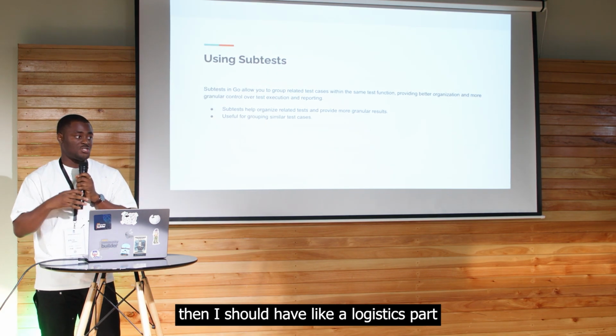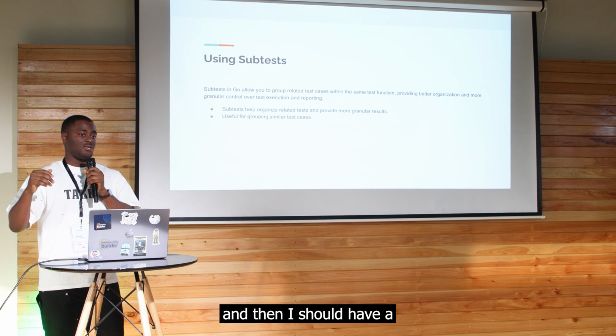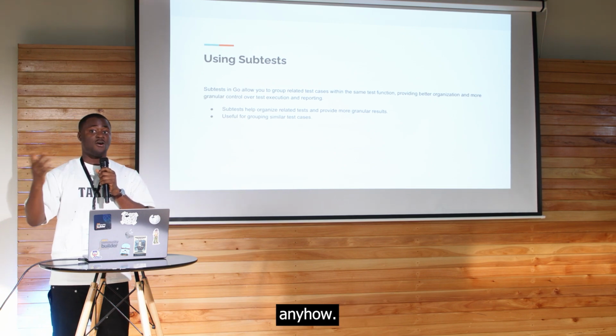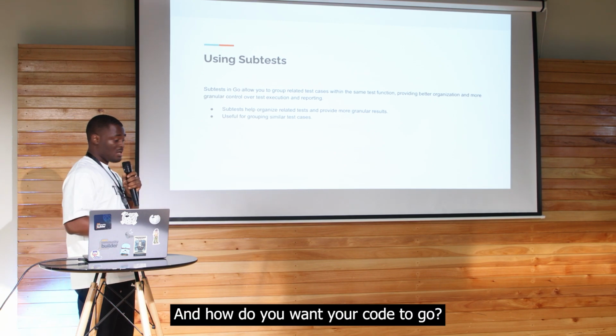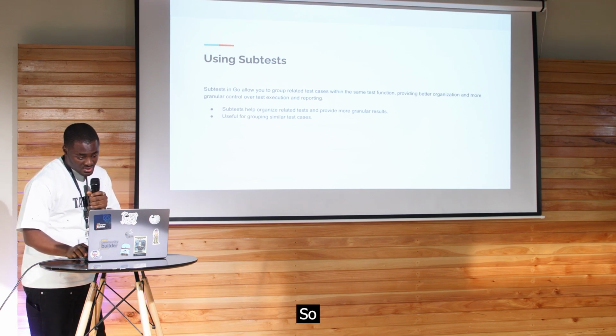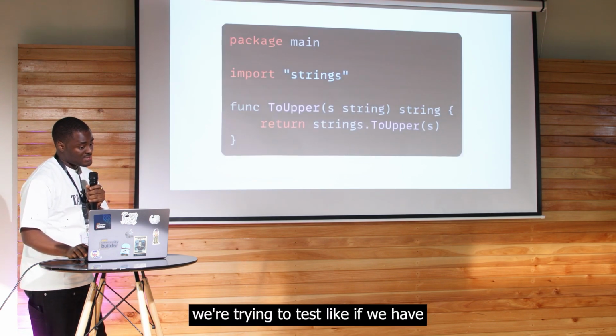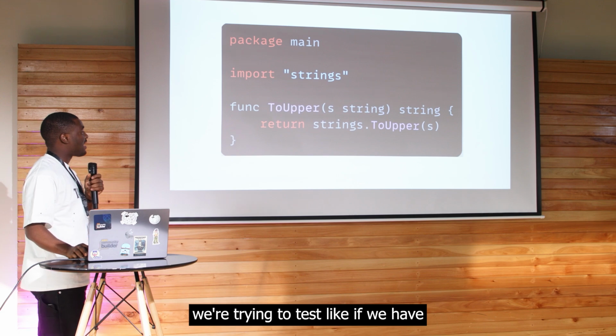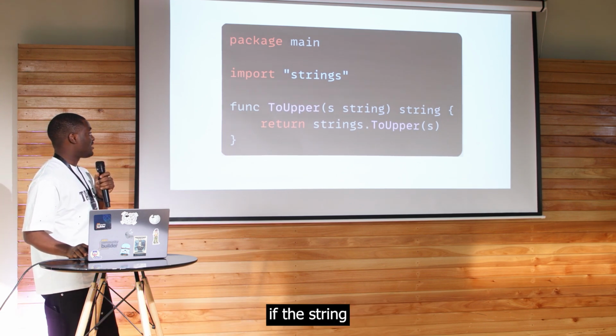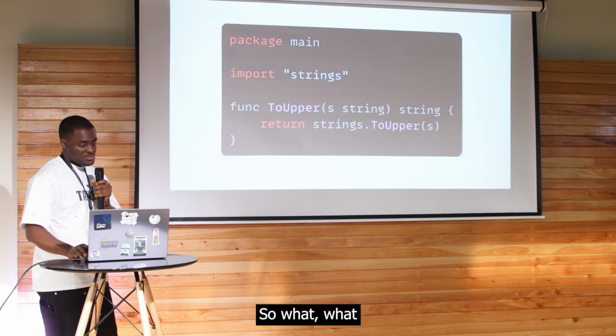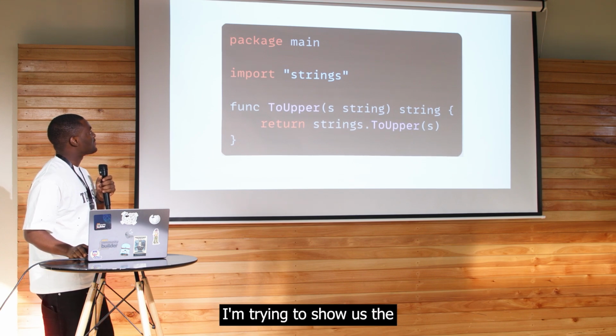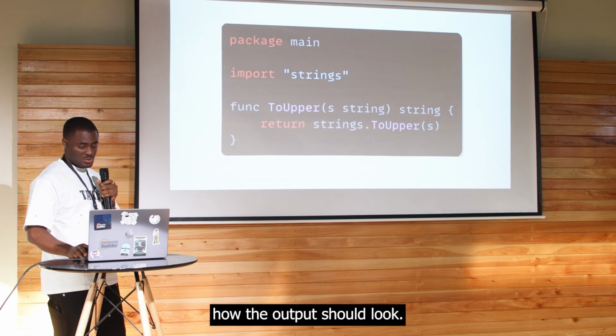Then I should have a logistics part, and however you want your code to go. So for example, we're trying to test if it returns an upper string. What I'm trying to show at this point is how the output should look. So let's go forward.